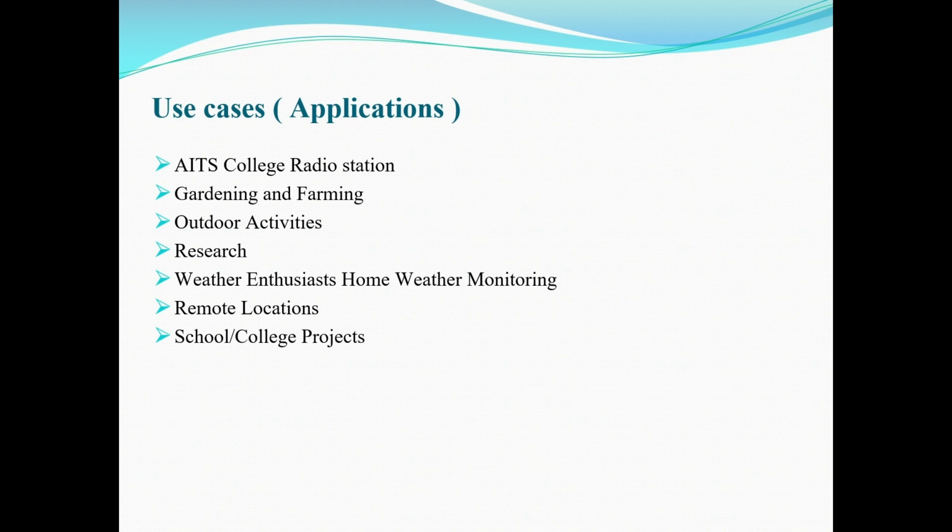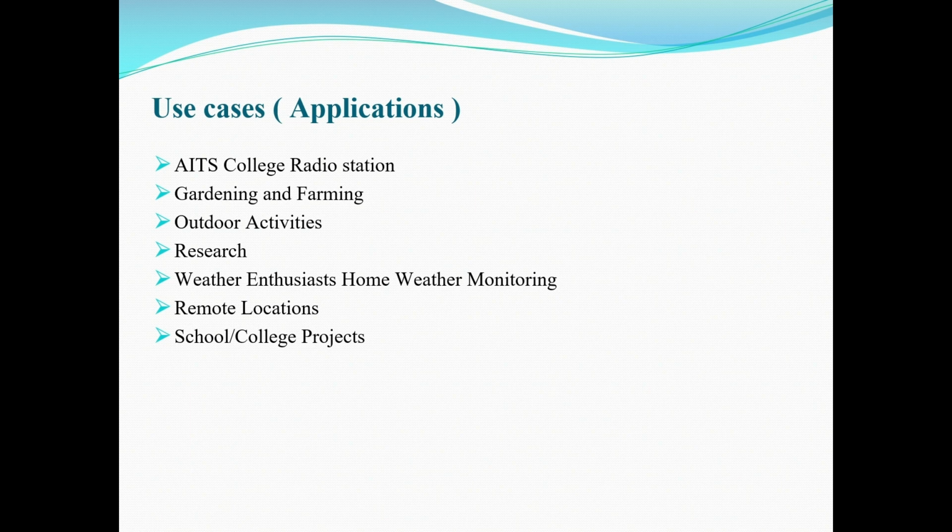And outdoor activities: some families are planning trips or outings to outdoor places. At that time we have to check whether today's weather data is good or not. By checking the data they will go. It will be useful at that time also.